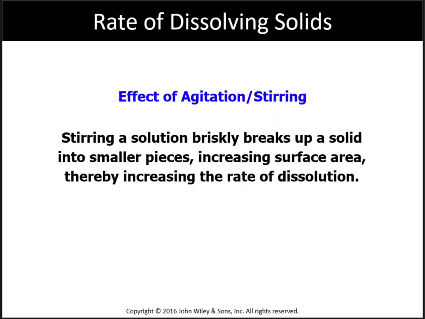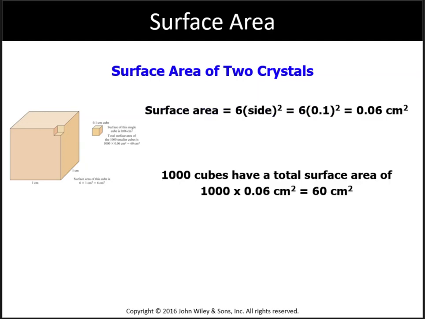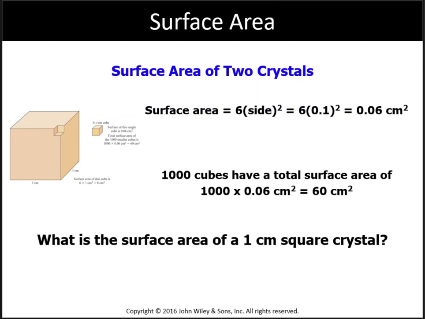The more you stir or agitate, the higher the rate of dissolving. You can add some sodium chloride to water and let it sit. It will dissolve at some point, but if you stir it, it's going to dissolve a lot faster. And another important factor is the surface area. The more surface area of the solute that's exposed, the higher the rate of dissolution.